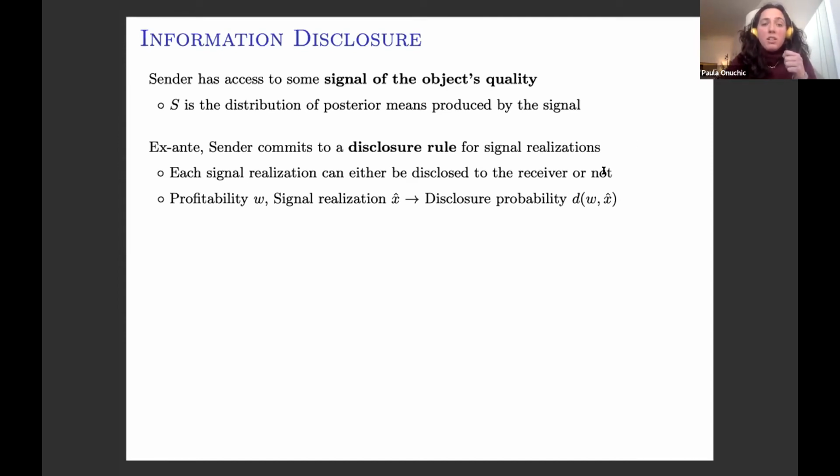Specifically, for each profitability W and each signal realization X hat, the sender chooses a disclosure probability. So a disclosure policy is exactly this function that maps profitabilities and signal realizations into a probability of disclosure. Just to clarify, the commitment is made prior to the sender getting to know the profitability, so there's no informed principal problem. So I'm not competing with another one. I don't know yet, but I can condition on what it's going to be tomorrow, my profitability.